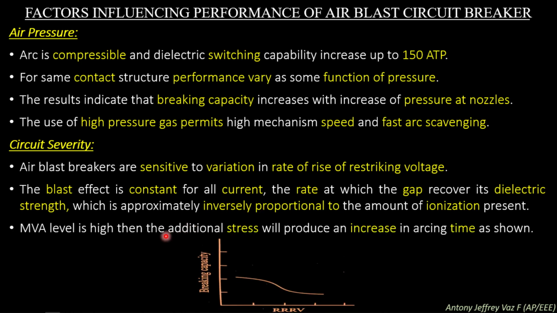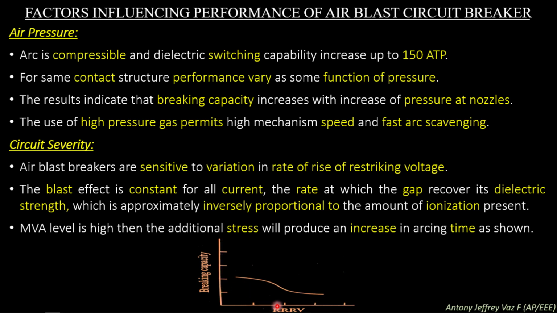If the MVA level is high, then additional stress will produce an increase in arcing time, as shown in the figure below. In the x-axis you can see the rate of rise of restriking voltage, and in the y-axis you can see the breaking capacity.